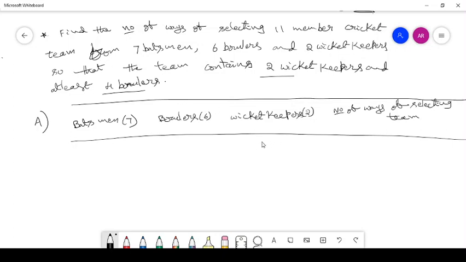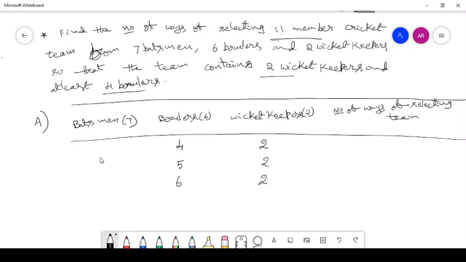At least 4 bowlers: you have 6 bowlers, but you must use a minimum of 4, so 4, 5 or 6. Since there are 6 bowlers, there are 3 methods, and in all 3 methods the wicket keepers are the same, 2, 2, 2.